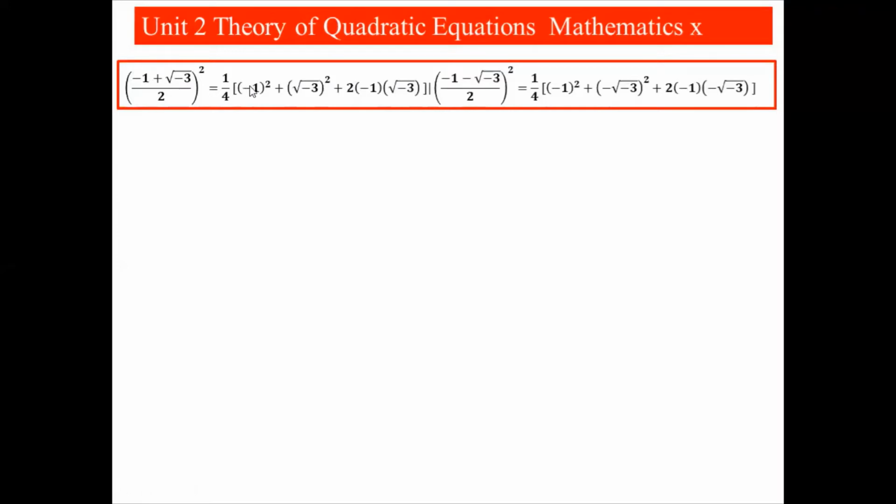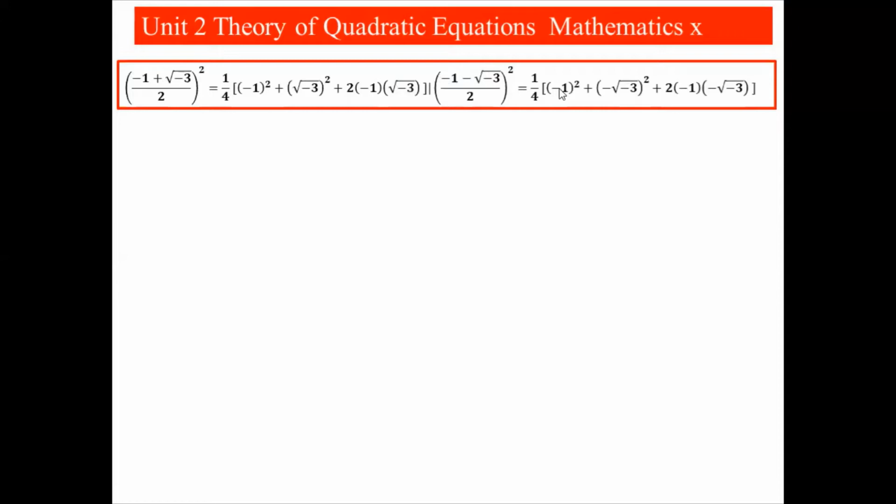So this is (-1) square plus (square root of -3) whole square plus 2 times -1 times square root of -3. Now here again we have to use the formula (a + b) whole square, where a is -1 and b is minus square root of -3.